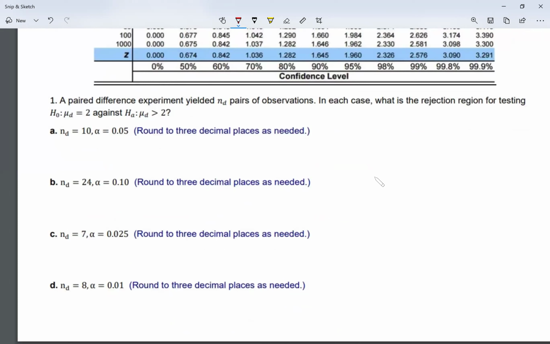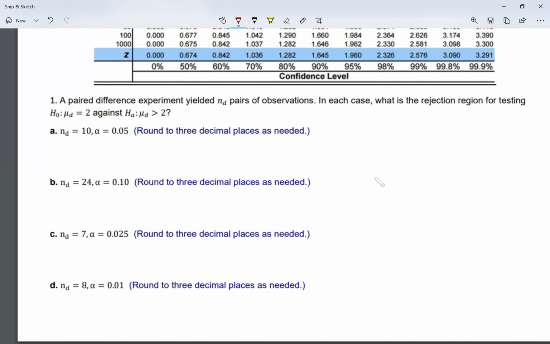There's a paired difference experiment that yields nD paired observations. In each case, what is the rejection region for testing? My null hypothesis is that the mean is 2, and I'm going to go against the alternate hypothesis.